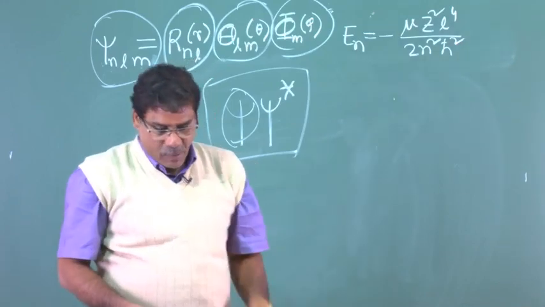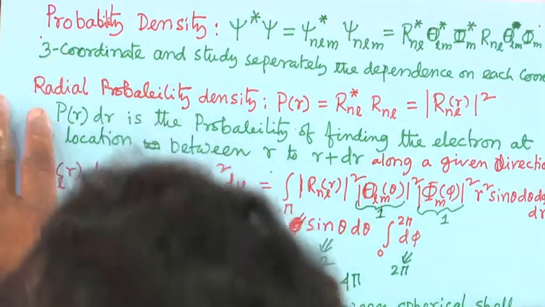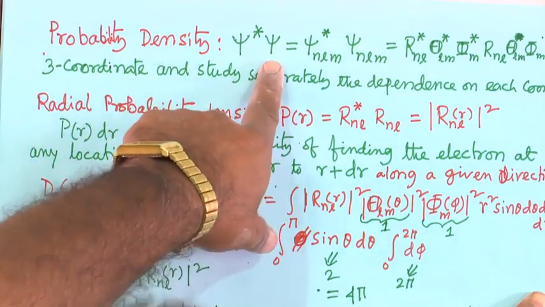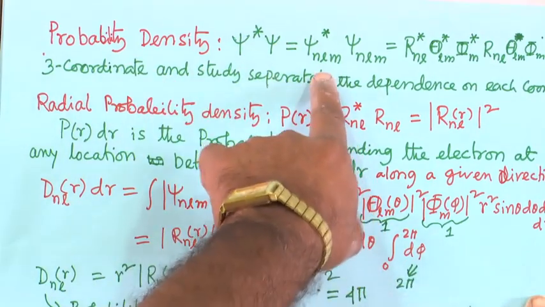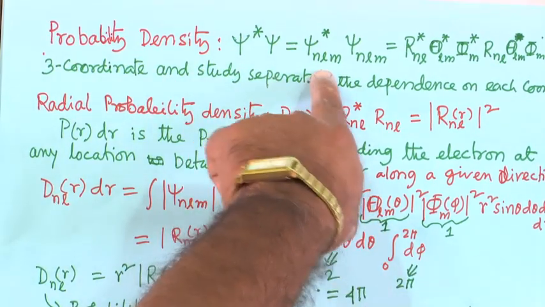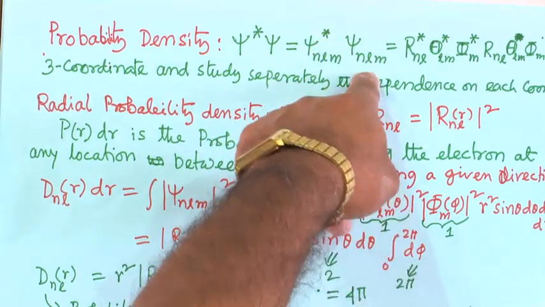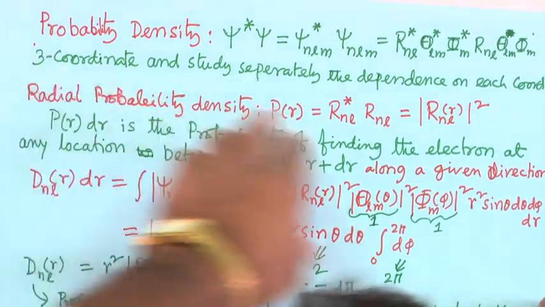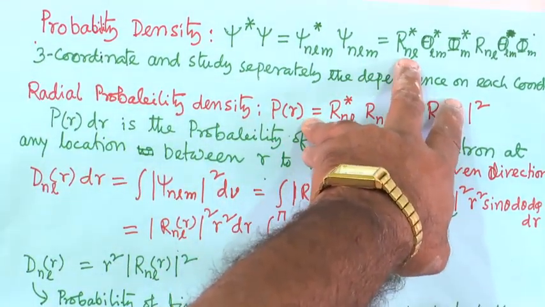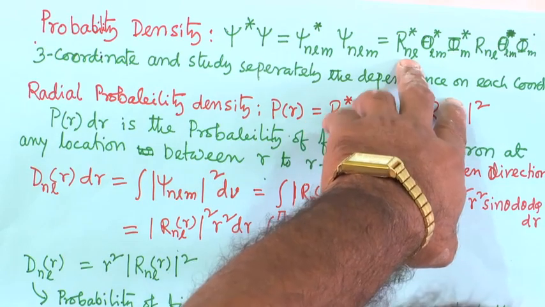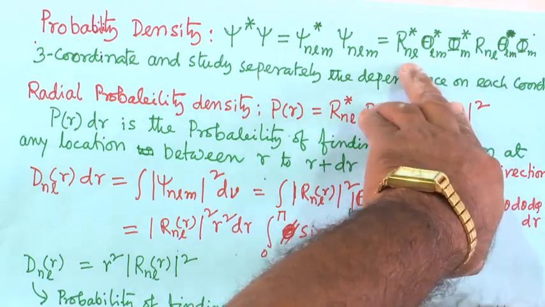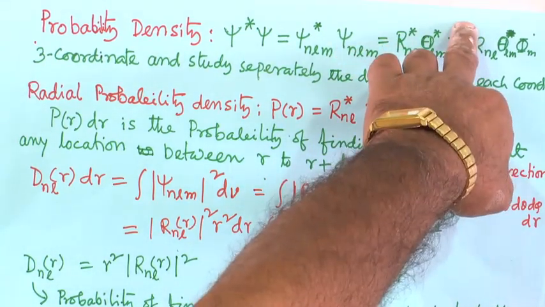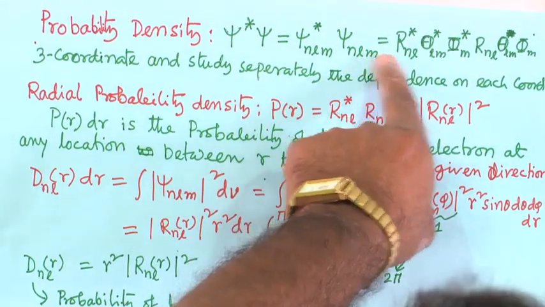Also one has to plot it to get information. Okay. So, this is the probability density for a hydrogen-like atom. Probability density is defined as psi star psi. That means we have the eigenfunction psi n l m, and its star. So, we are getting these 3 parts: R n l, theta l m, phi m, and their stars.